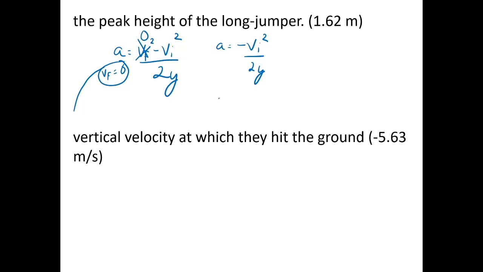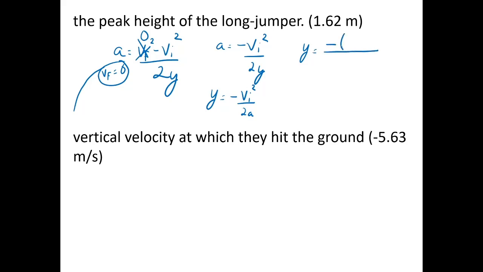So that's what we get. And we want the y, so we'll do a little algebra. Just swap the a and the y, it's the same as if you multiply and then divide. We don't want to spend a lot of time doing that. So let's see what we get.